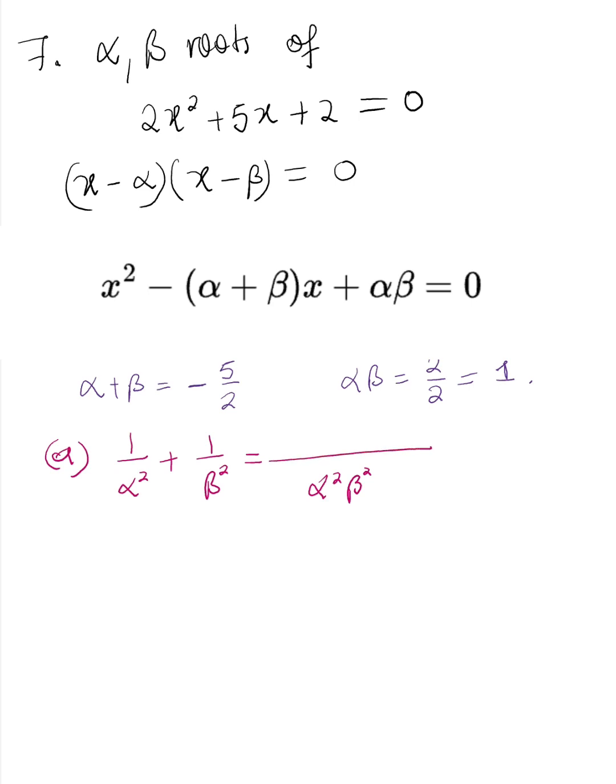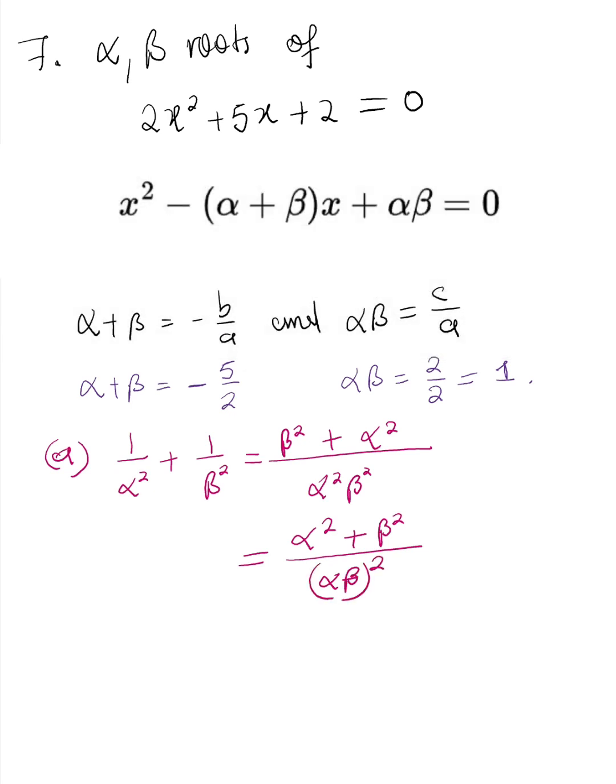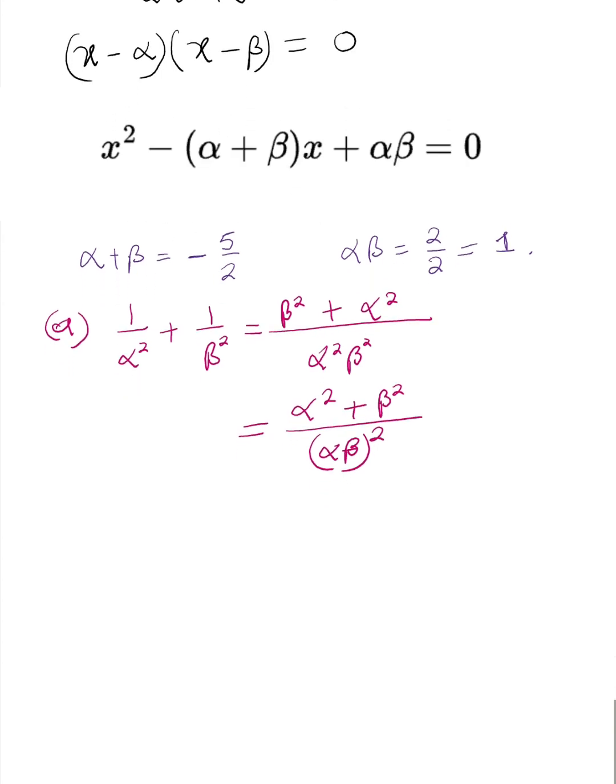Alpha squared into that, you remain with beta squared here, plus alpha squared. I can rewrite this as alpha squared plus beta squared over alpha beta squared. But we do not know what alpha squared plus beta squared is.